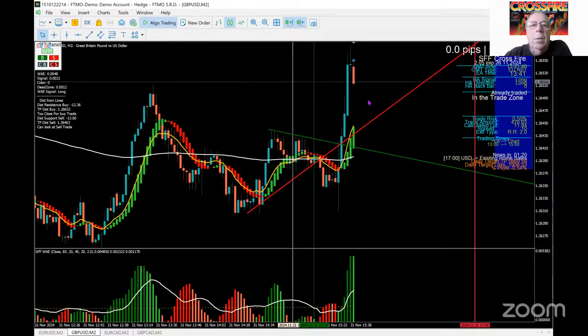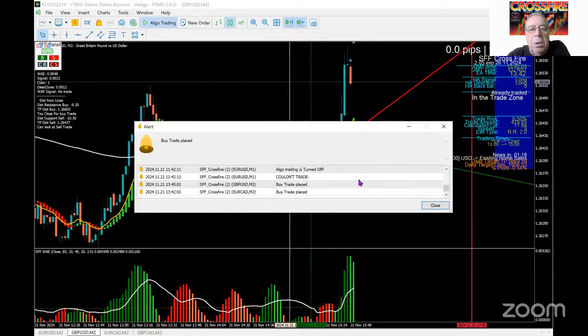One of the things that you can experiment with is that gap there was 4 pips, because my stop loss was set at 4 pips. But let's just watch this. Right, okay, so we've got a Euro CAD trade placed now, so we'll look at that one. I'll finish my point on this one.